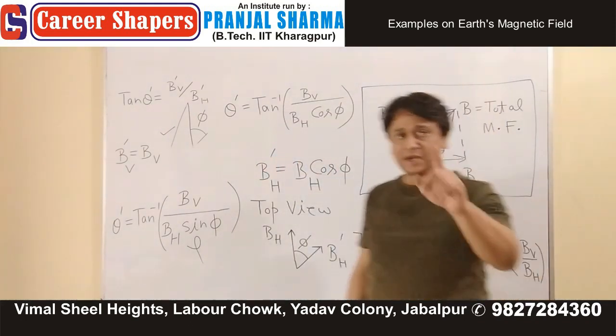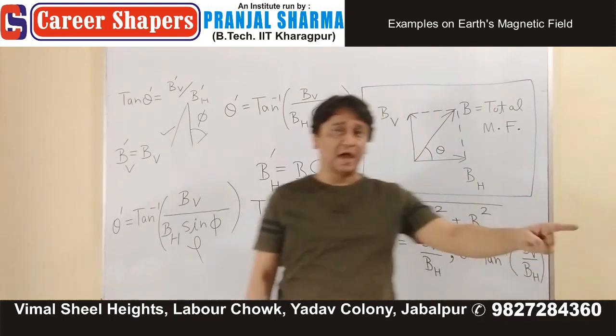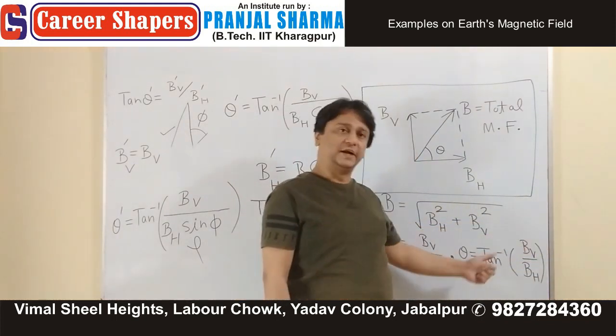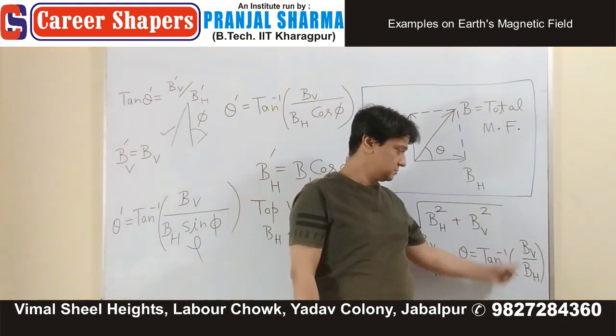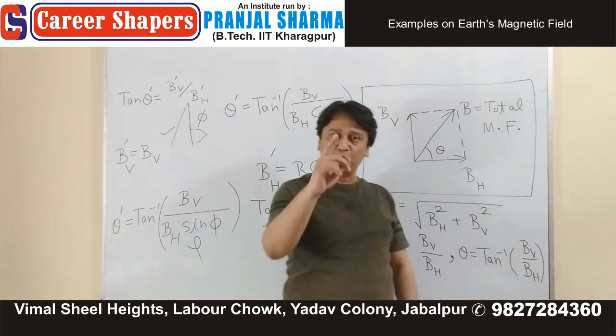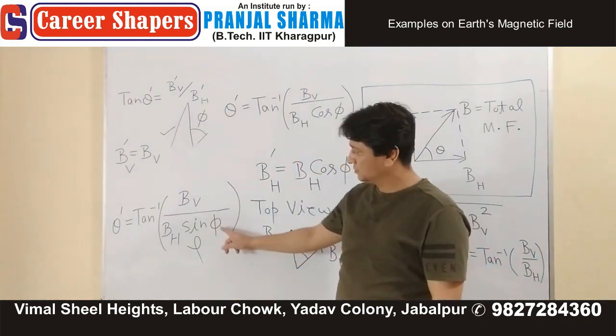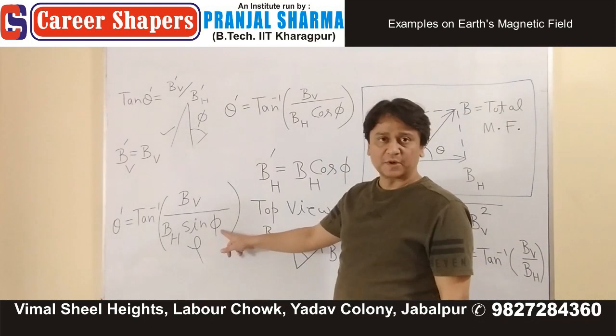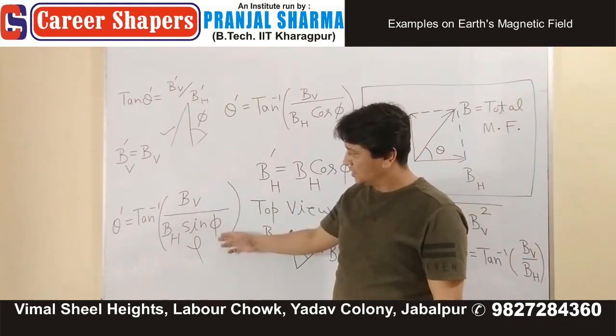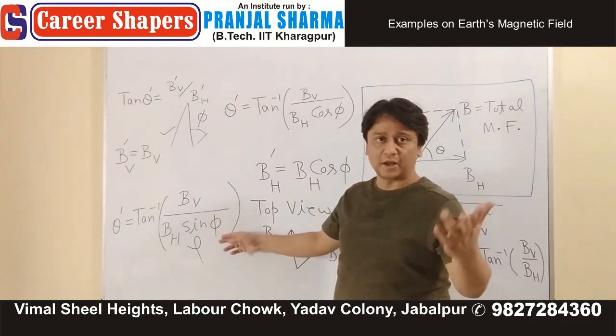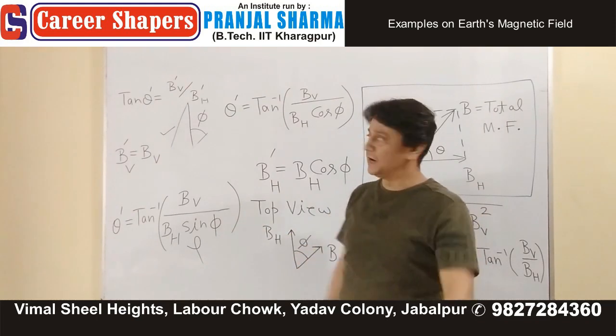And if you are in the plane of the magnetic meridian, then what is theta? This. So if I put phi equal to 0, this becomes sine 0. Something upon 0 is infinity.